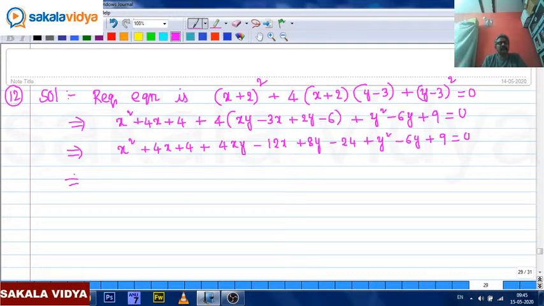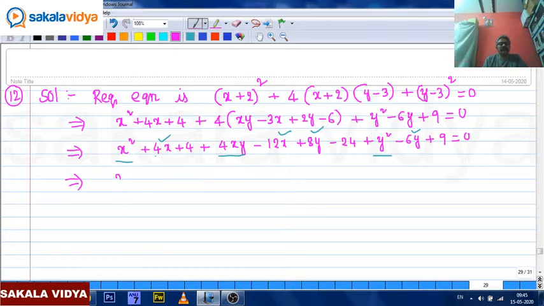That means, see here, the x square term, 4xy term and y square term. Next, 4x and minus 12x, and the y terms, and after that we simplify the constants.